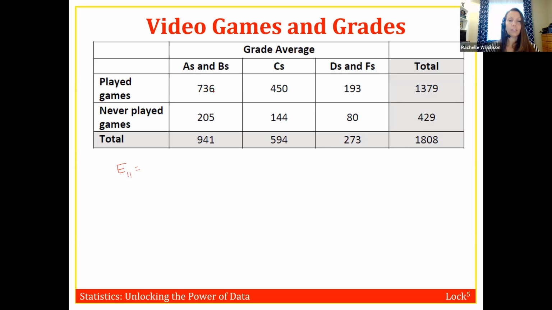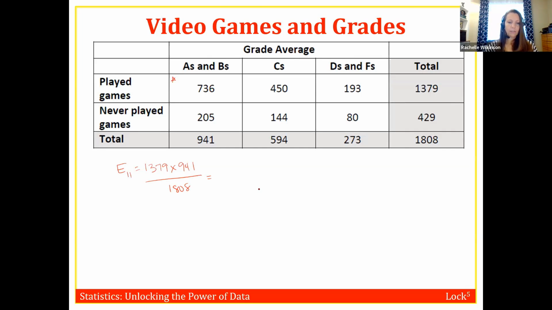So to calculate the expected count, I'm in this cell right here, and I'm going to take the row total, which is 1379, times the column total, which is 941, and divide that by n, my table total. So I'm going to have 1379 times 941 divided by 1808.